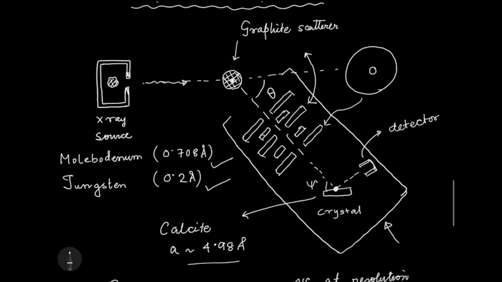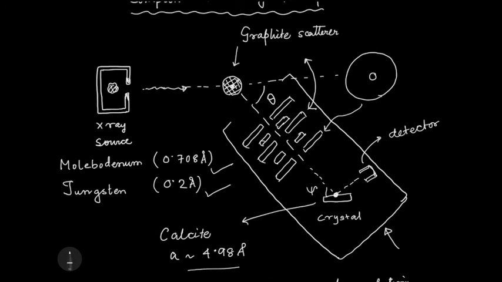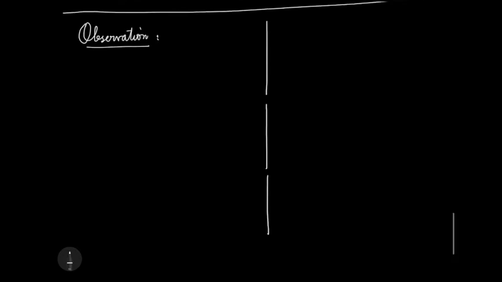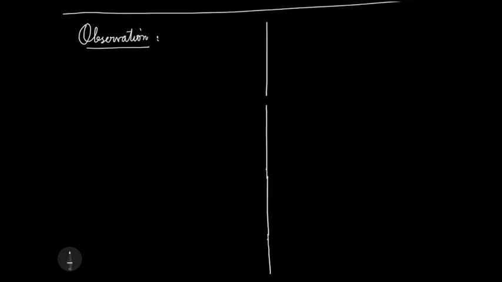Now Compton did observation for 4 angles: theta equals 0 degree, which is the direct one I was talking about, 45, 90 and 145. Let me draw what he saw for these 4 angles. First is 0 degree, this is 45 degree.